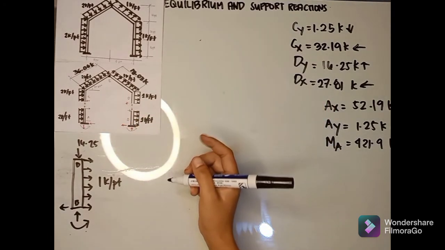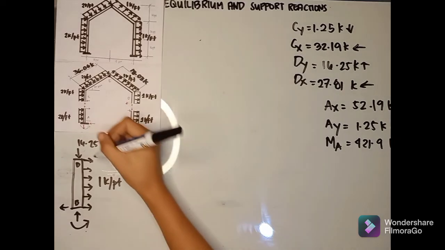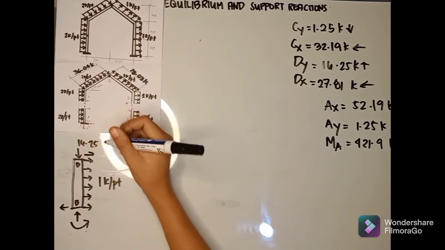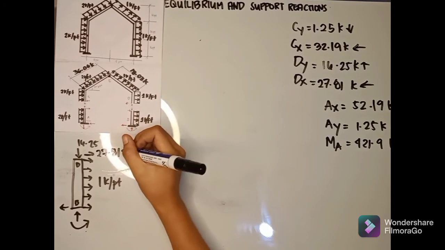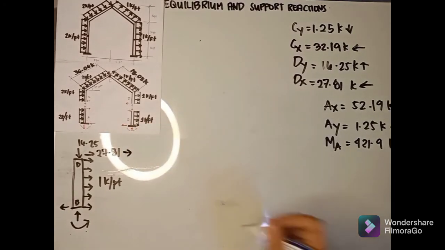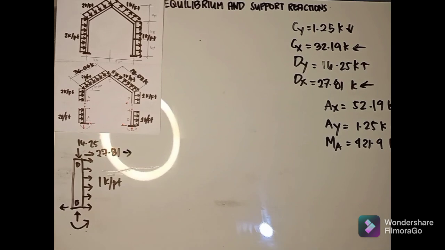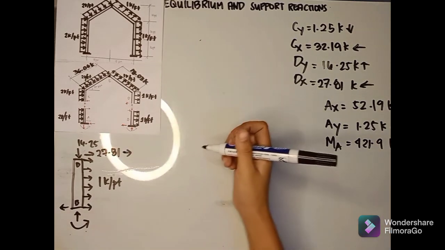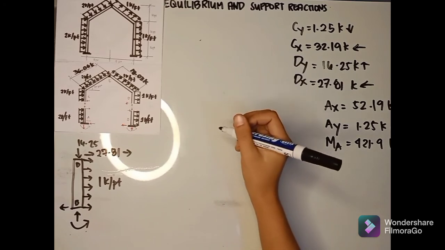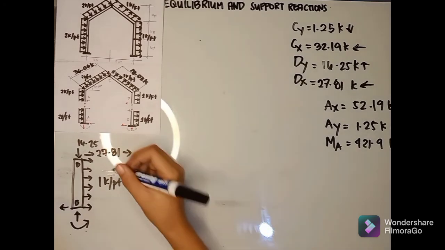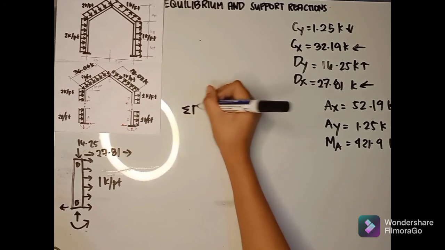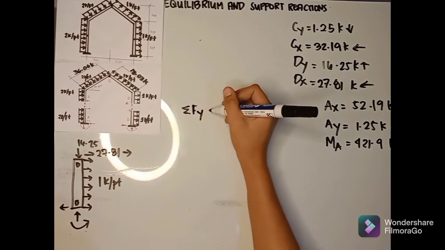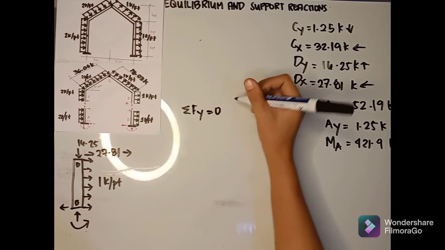Then, yung sa DX is 27.81 to the right. Okay. Same with the previous process. Let's find the vertical components at segment BD. Summation of vertical forces, y, is equals to 0.